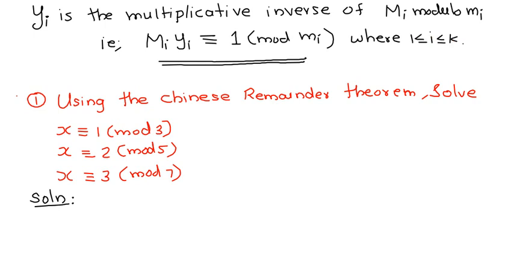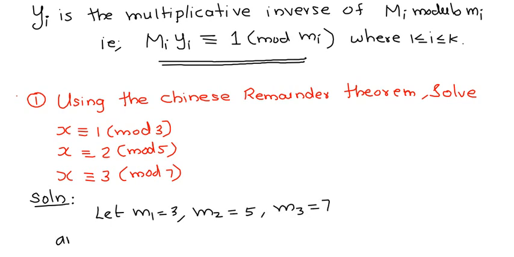So, understanding this formula, we use it here to solve this system using the Chinese remainder theorem. For this, we take the moduli small m1 equal to 3, small m2 equal to 5, small m3 equal to 7.